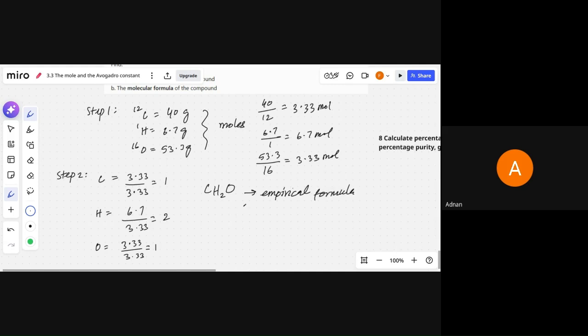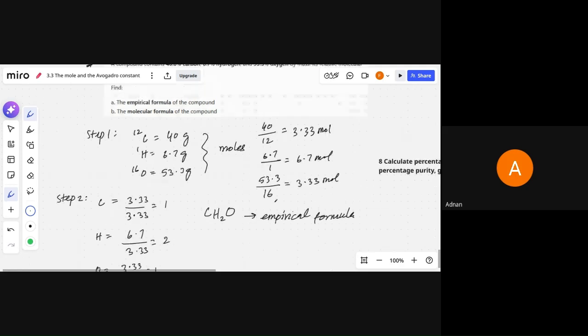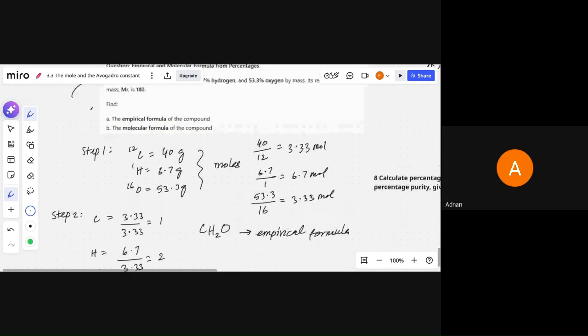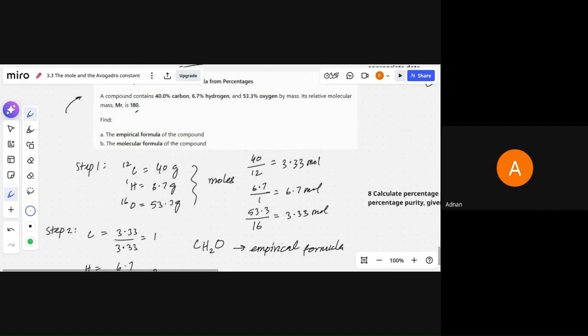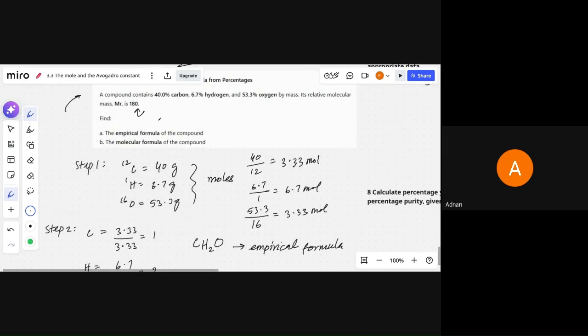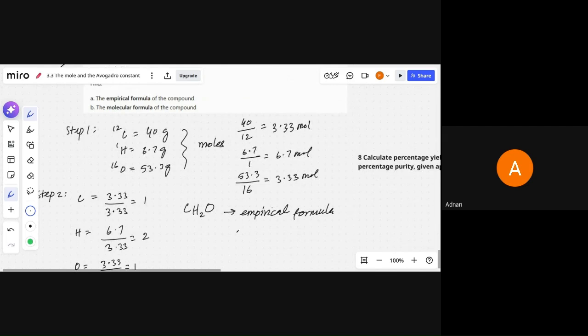Okay, now how do you convert this into a molecular formula? In order to convert an empirical formula, you must have the molar mass of the actual compound, right? So the molar mass must be given in the question. So this is 180, and the formula will be molar mass or molecular mass divided by the empirical formula mass, right?